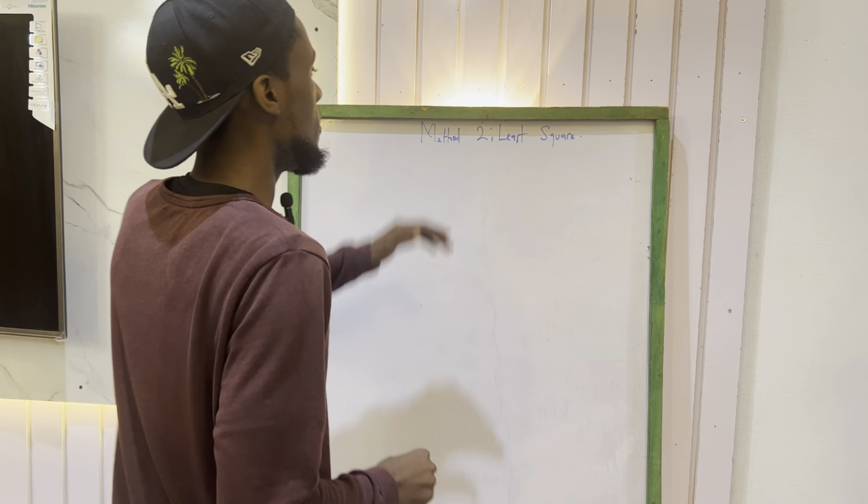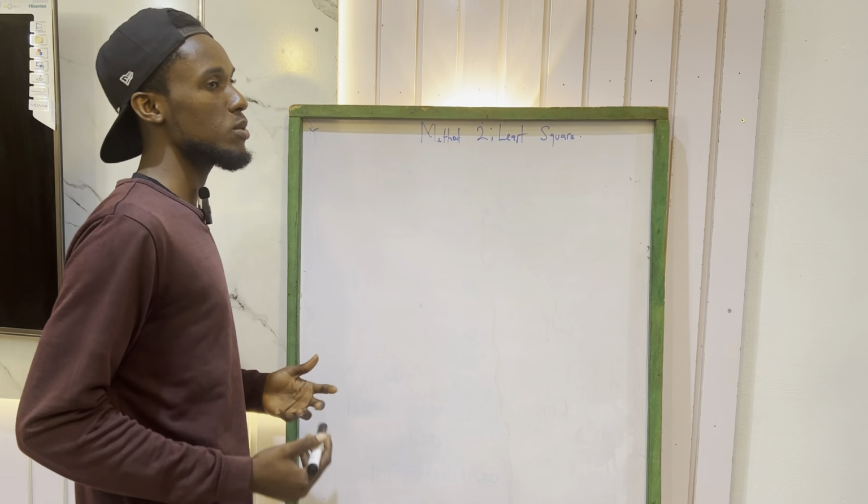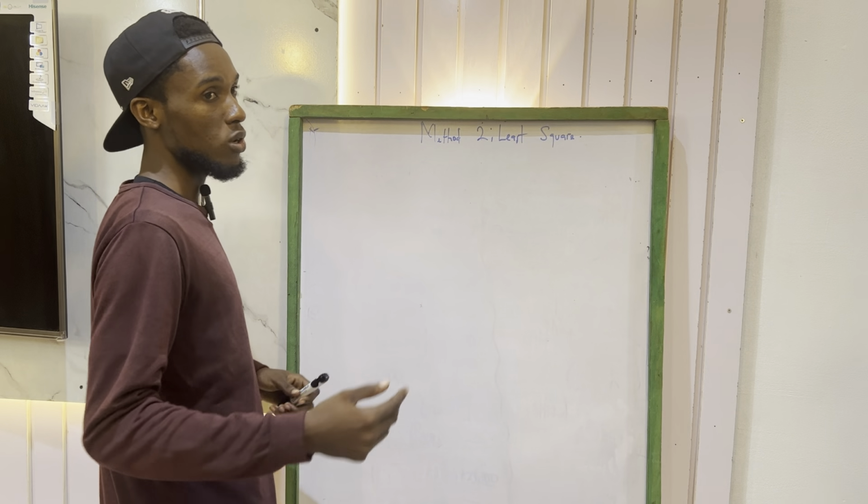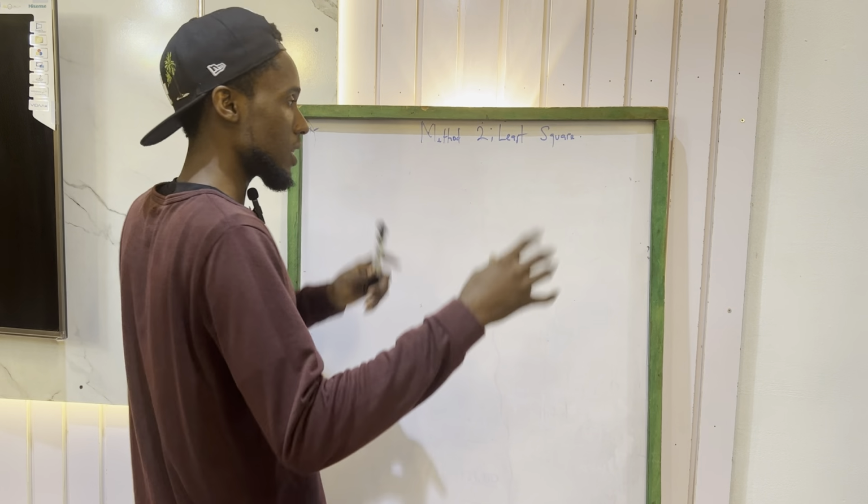All right, so method 2, least square method. And I like this method because it's just formula, yeah? Just like literally just formula. And when we hear least square, of course, we tend to think of that guy.